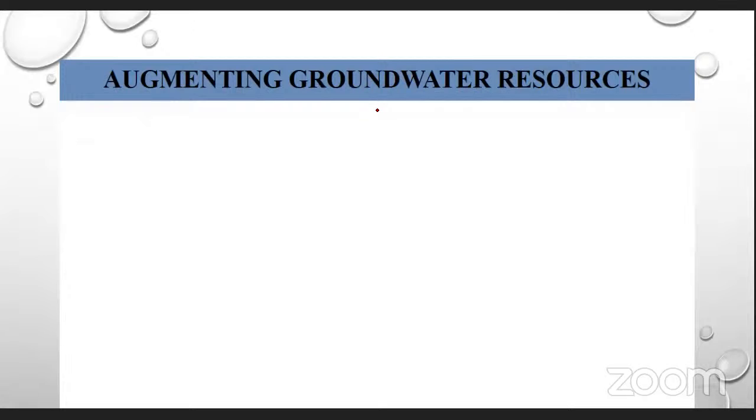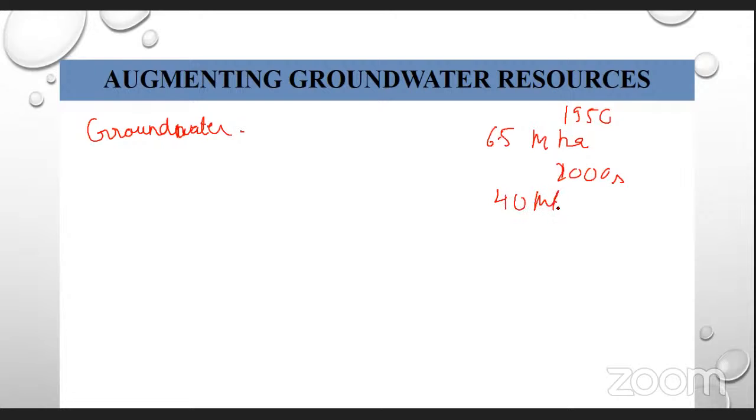After independence, I told you that groundwater use increased, and by 2000 the groundwater irrigation potential increased from 6.5 million hectare in the 1950s to 40 million hectare.